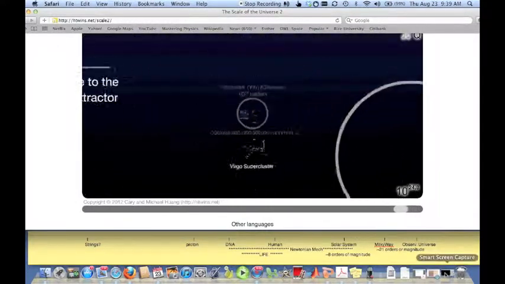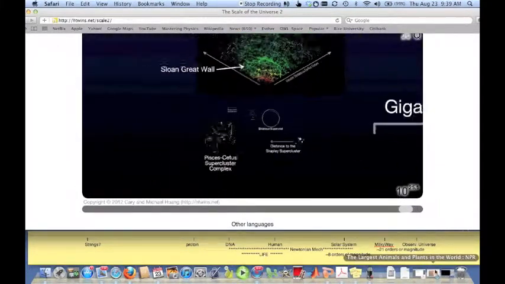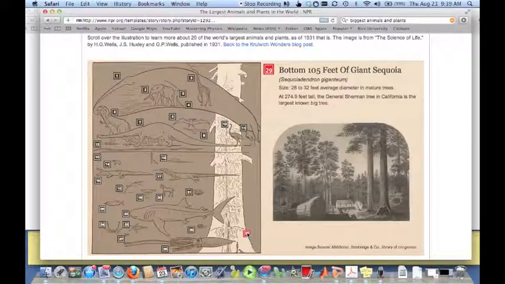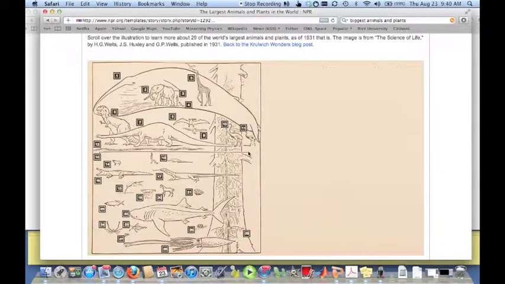Now, talking about the biggest animals, this is also something that I put in Allspace if you want to check it out later. This is a little picture showing the size of a sample of the biggest animals and plants that there are. You can see here, biggest thing alive, a giant sequoia tree, close to 300 feet tall.